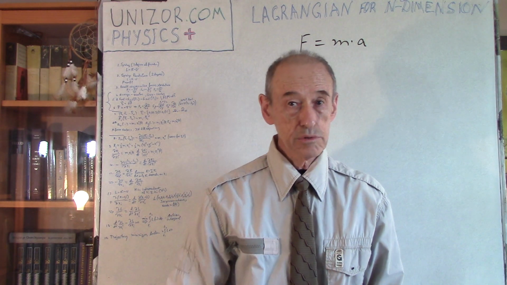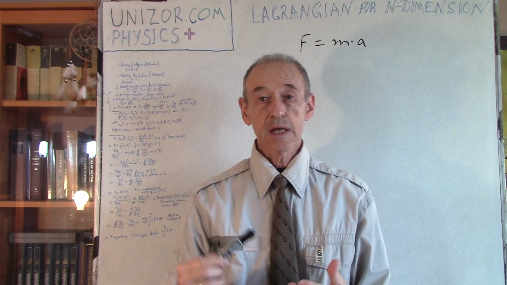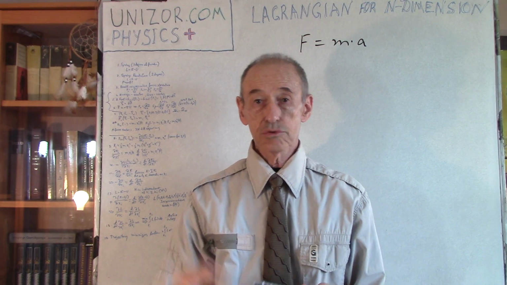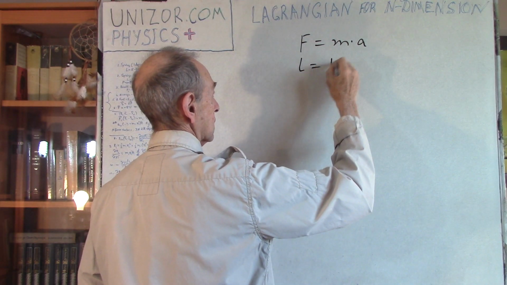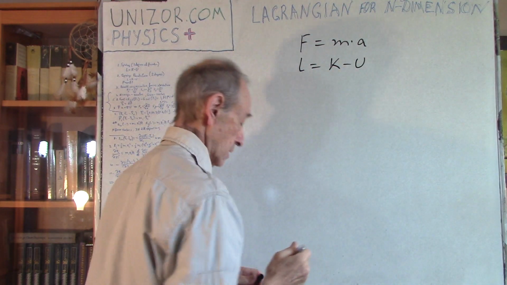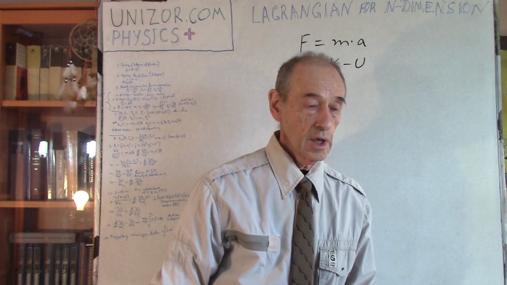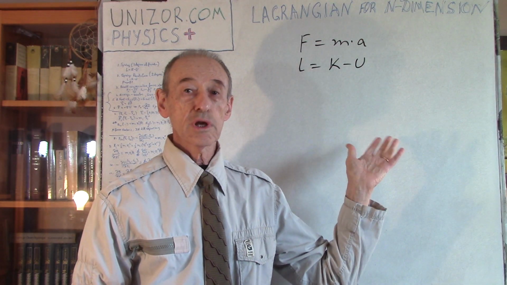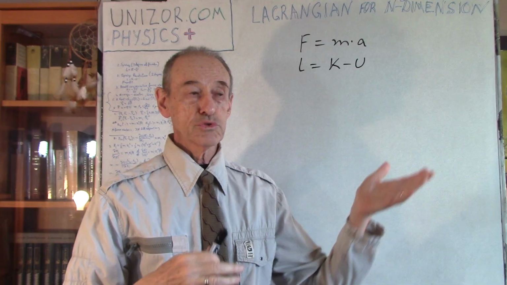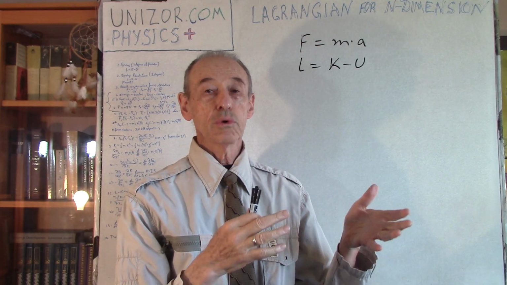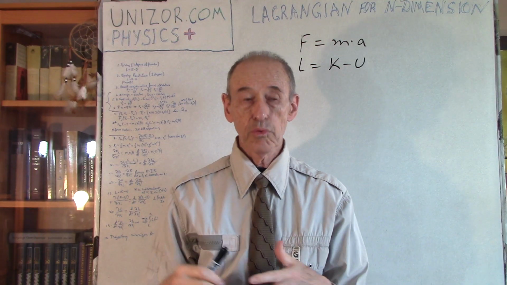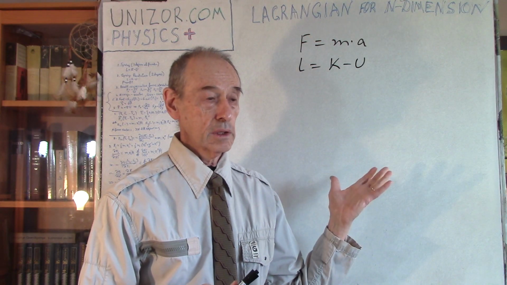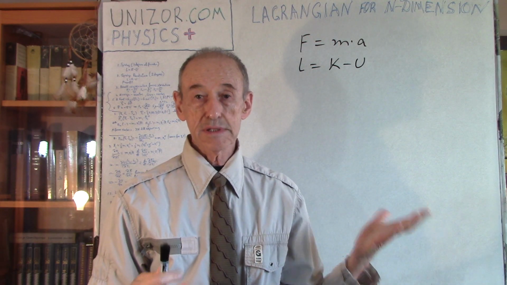But as an illustration, I did exactly the same using Lagrangian. I introduced Lagrangian as the difference between kinetic energy and potential energy, and Lagrangian's approach, which is using the Euler-Lagrange equation, which we also discussed before, gives the same result. It's equivalent.